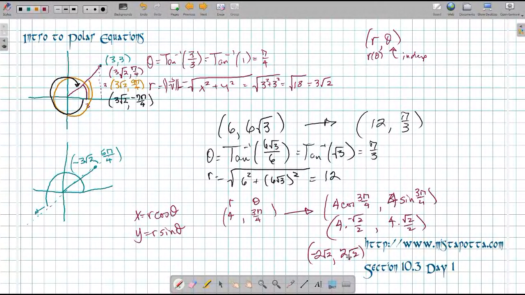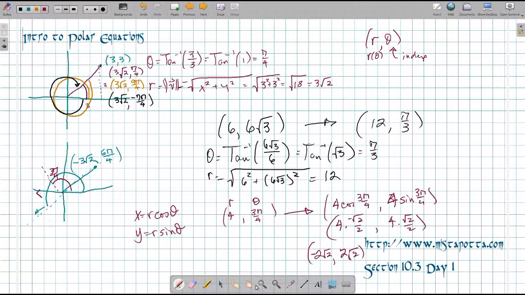And of course, it makes sense that x should be negative because I should be in the second quadrant, because my angle is 3 pi over 4.